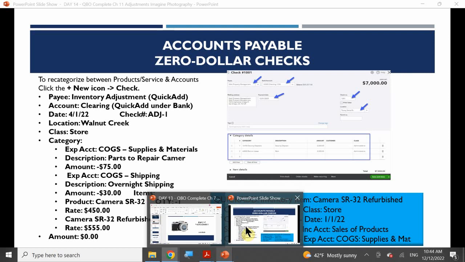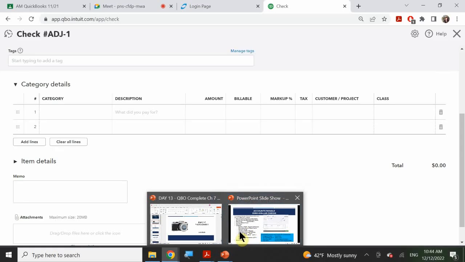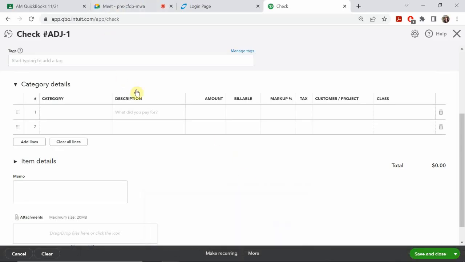And then, of course, you're going to code it to the expense account, cost of goods sold for shipping, for overnight shipping, which is going to cost you also a negative $30. Okay, so in this case, we're taking the camera out from the cost of goods sold and we're going to put it into the category.